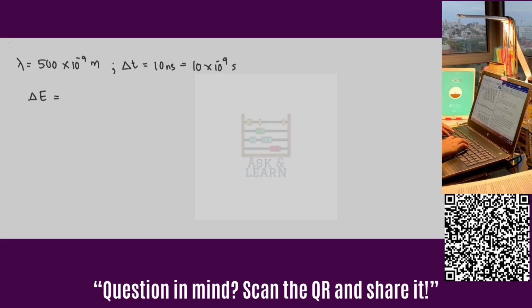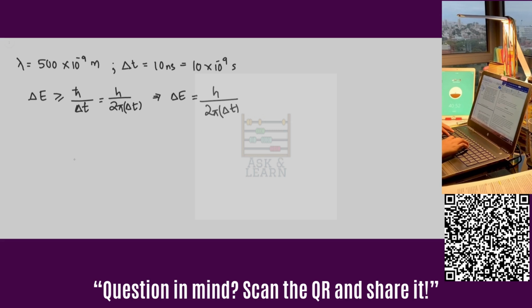According to this equation, delta E is greater than or equal to h bar over delta T, which is equal to h over 2 pi delta T. So the minimum value of delta E, let's call this delta E, we are taking the minimum value, so that will just be equal to h over 2 pi times delta T.